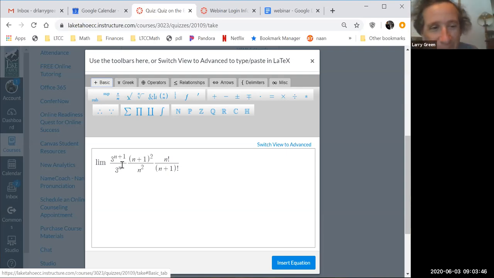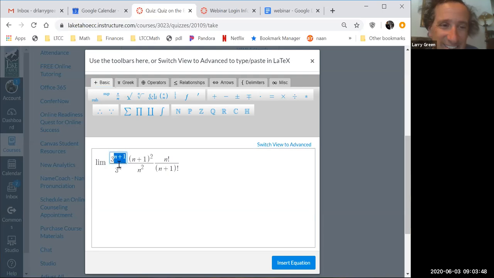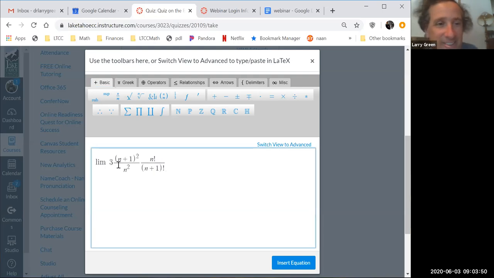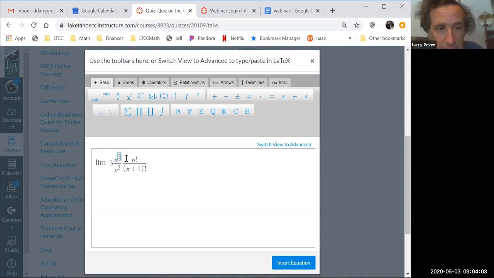You could say 3 to the 1, but 3 is a lot easier to say. That turns into 3. Okay. N plus 1 squared over n squared. We can rewrite that. I can FOIL it out as n squared plus 2n plus 1.